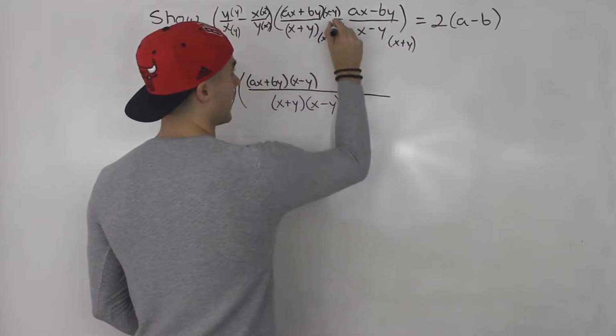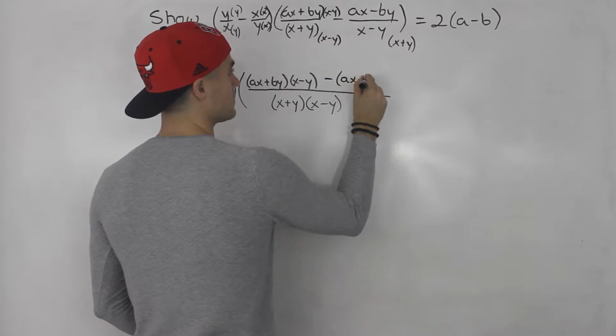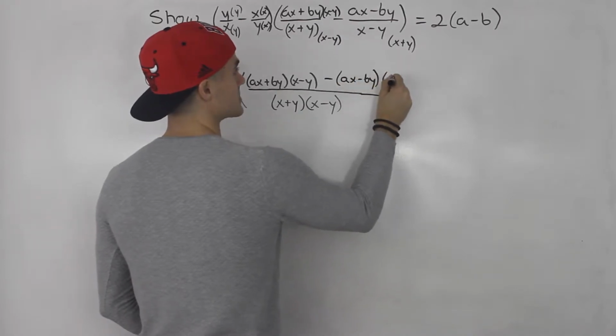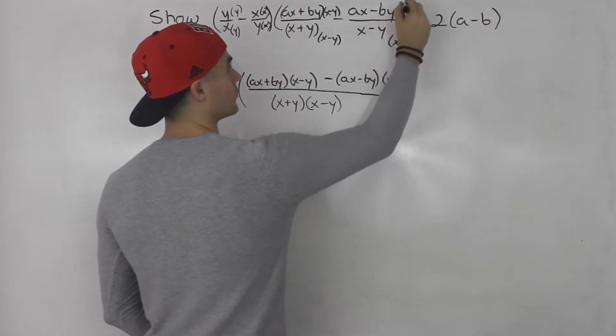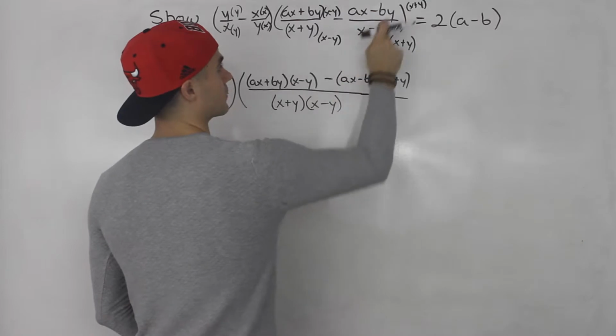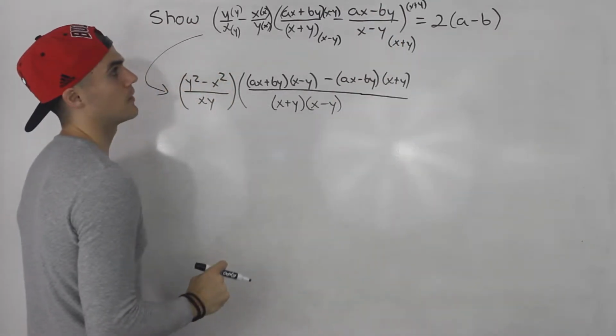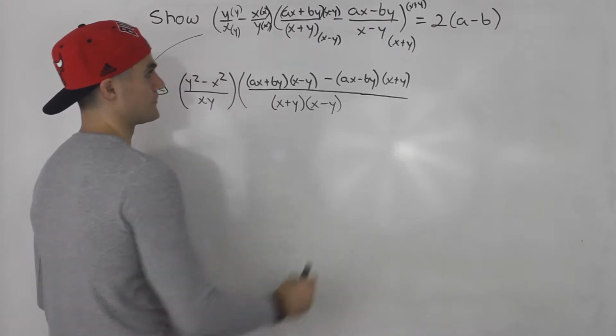So this would be minus, there's a minus here, ax minus by times x plus y. Right? What we multiply the bottom by, we have to multiply the top by. This should actually be inside the bracket. We're just multiplying that ax minus by by it, but just running out of room there a little bit.